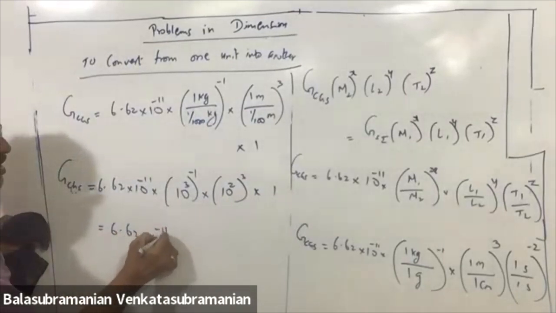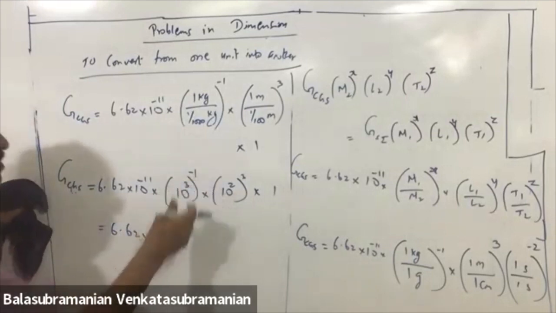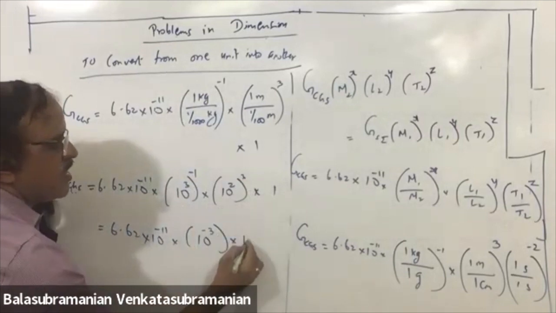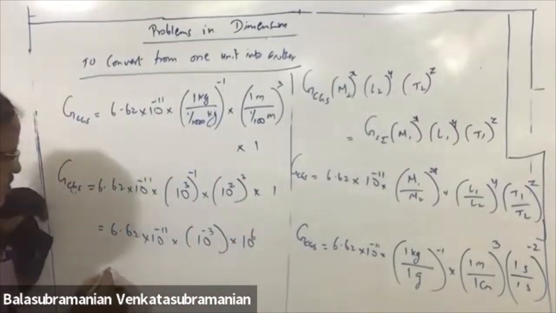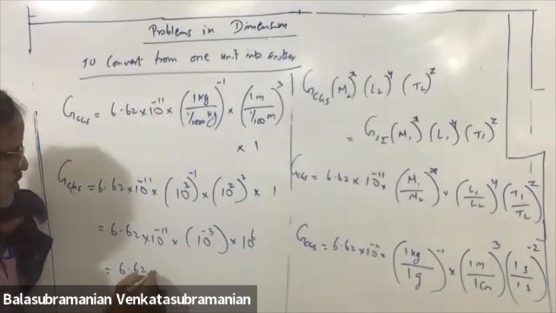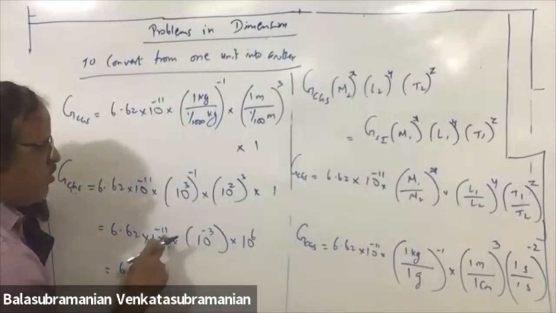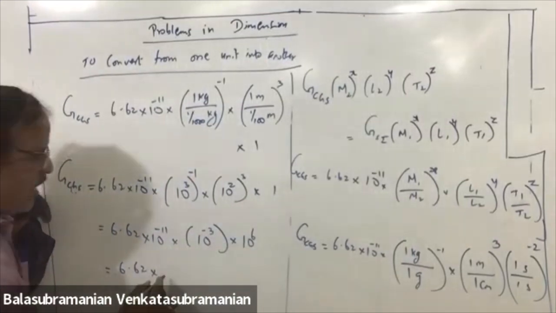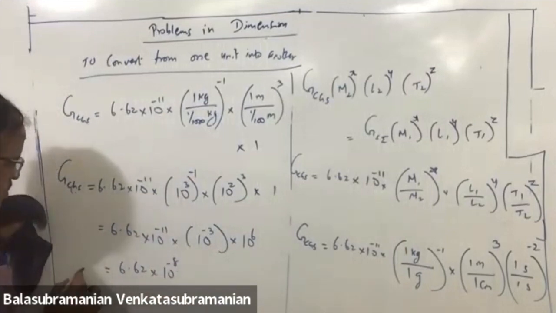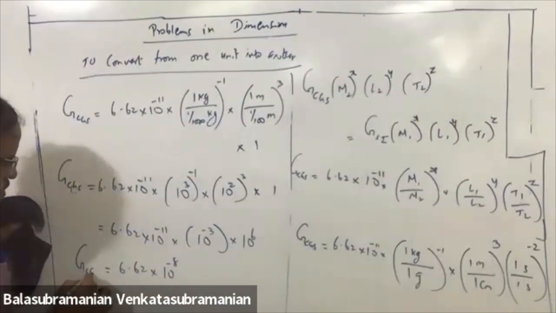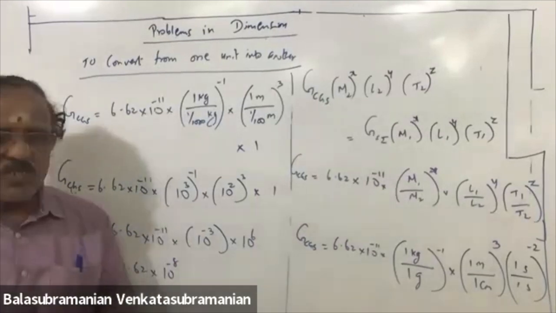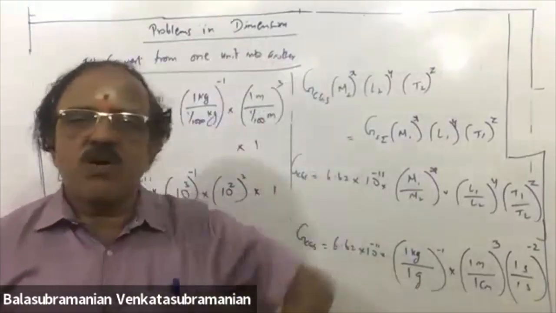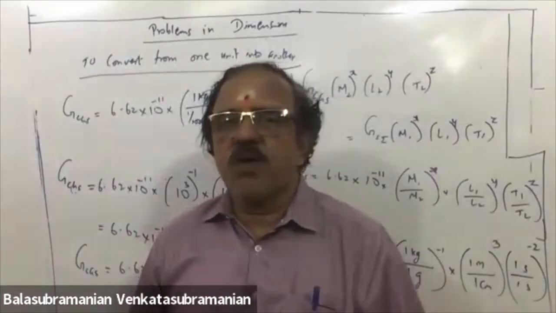So 6.62 into 10 power minus 11, 10 power minus 3, 10 power 2 power 3 is 10 power 6. 10 power minus 3 minus 11 is minus 14, this is 10 power 6, so 10 power minus 8. 6.62 into 10 power minus 8 is the final answer for gravitational constant in CGS system of unit.